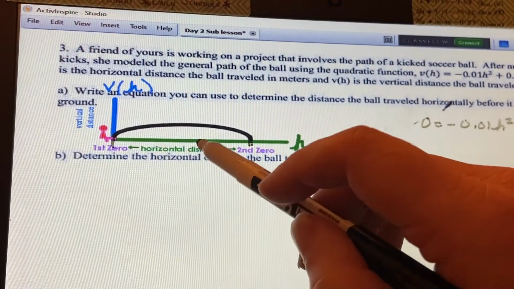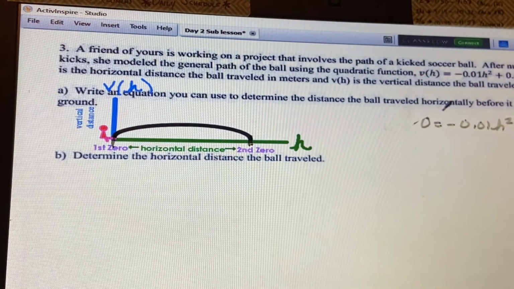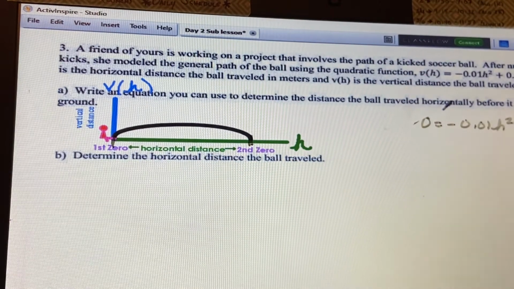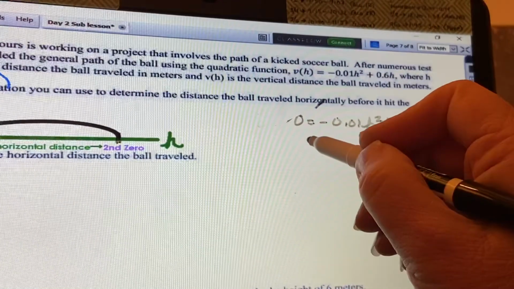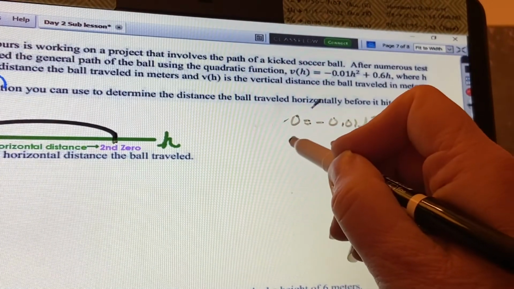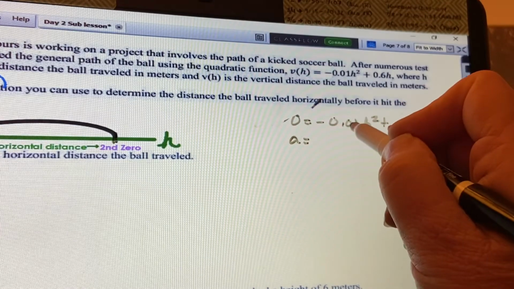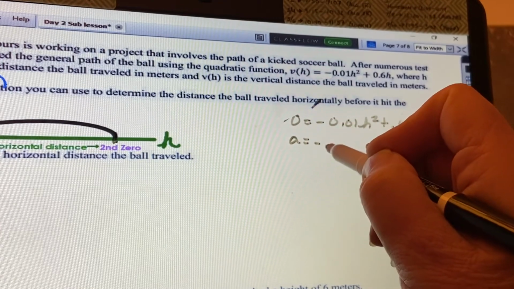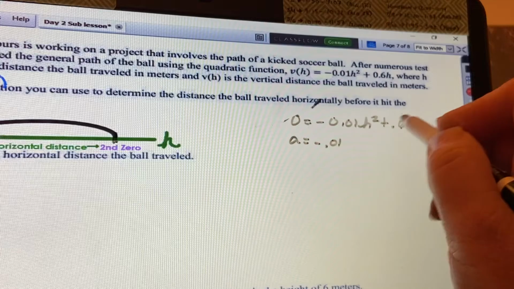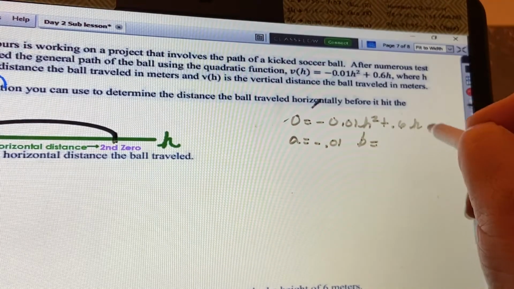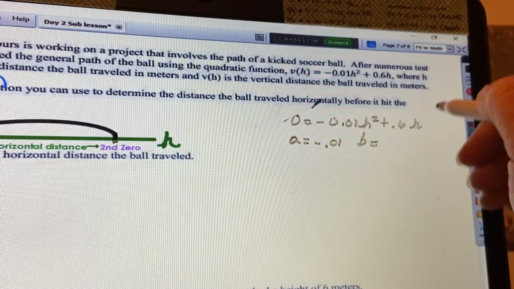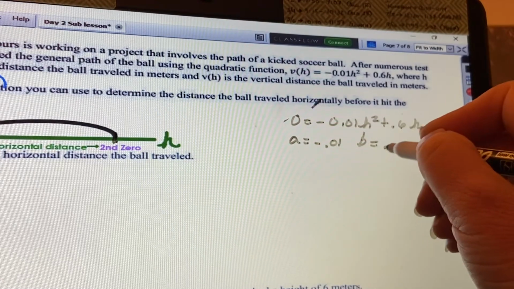So we're going to take this and take it into our quadratic formula. If you notice though, a is always in front of the squared, so it's negative 0.01. Our b is always in front of the h, to the first power, so it's 0.6.